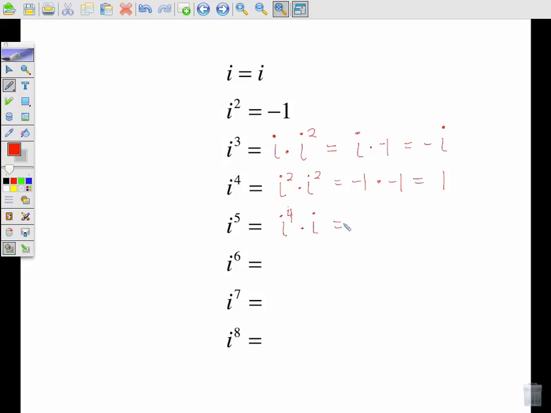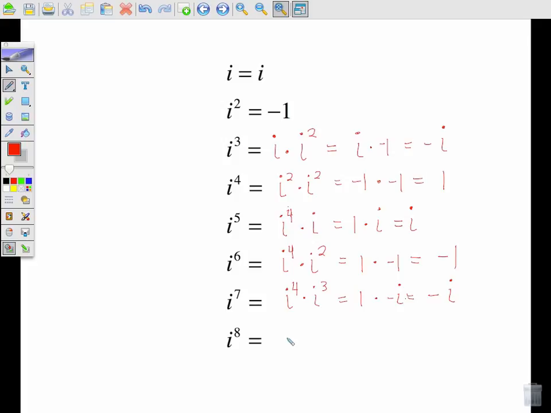We know that i to the fourth is 1, and 1 times i is equal to i. i to the sixth can be replaced with i to the fourth times i to the second. We know i to the fourth is 1, and i to the second is -1, which equals -1. i to the seventh could be i to the fourth times i to the third. i to the fourth is 1 and i to the third is -i. Multiply those together, you get -i.